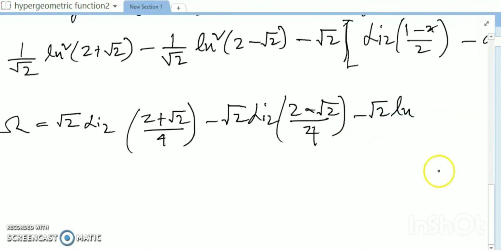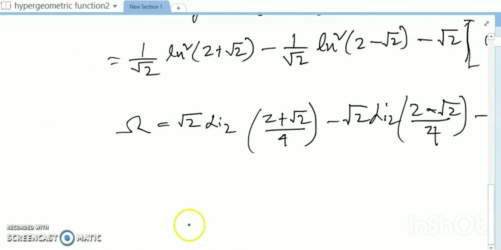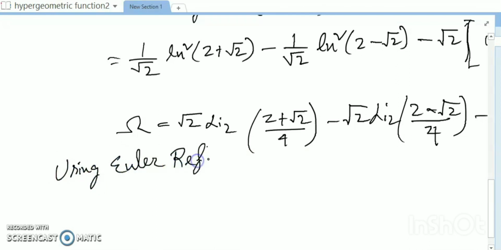Now I use Euler's reflection formula, Euler identities, you can say both ways. So li2(z) equals pi square by 6 minus ln(1 minus z) ln z minus li2(1 minus z).